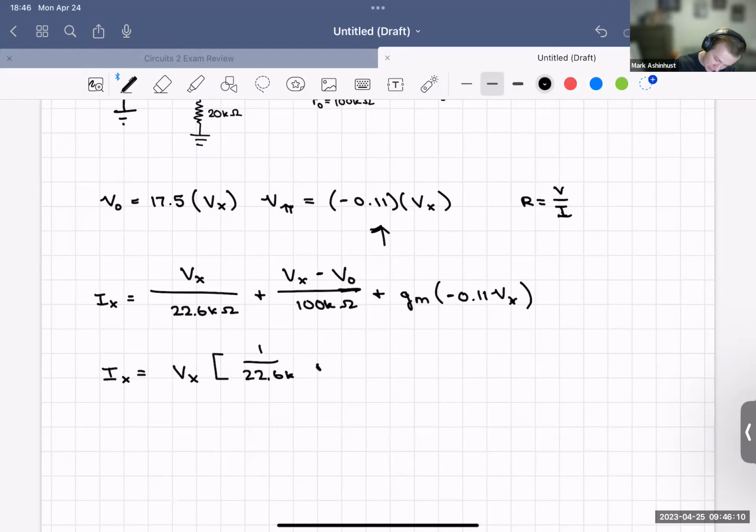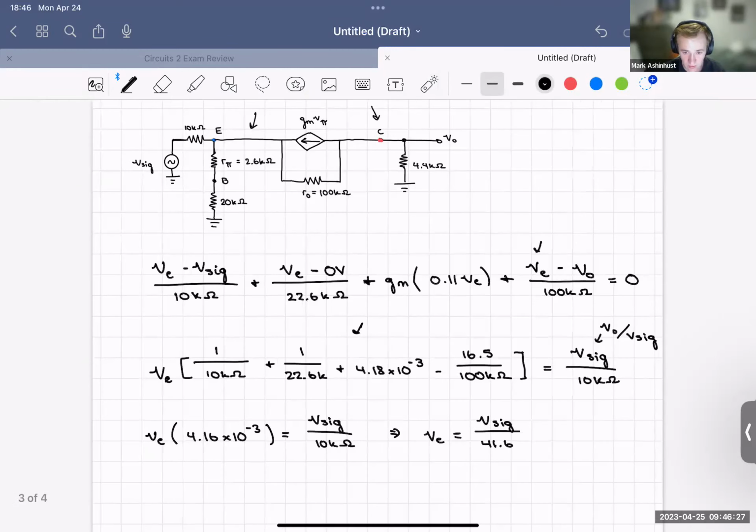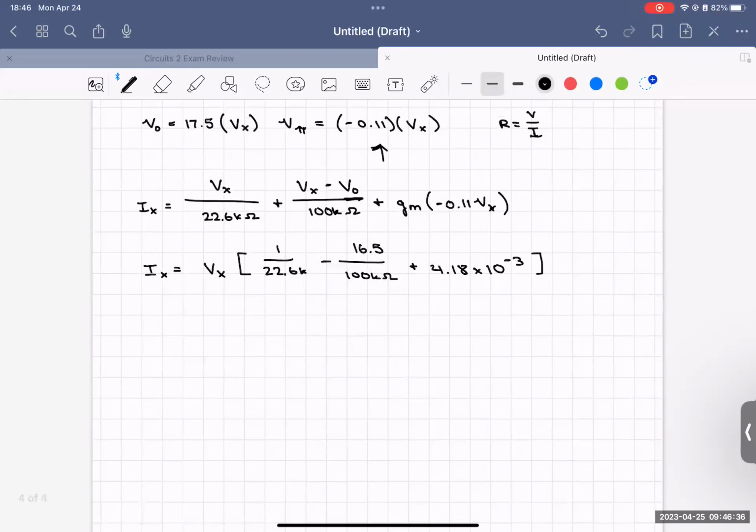Then we'll get the same thing here of negative 16.5 over 100K plus 4.18 times 10 to the negative 3. These numbers are very similar to what we saw on this page. You'll see here and here. Isn't gm negative?